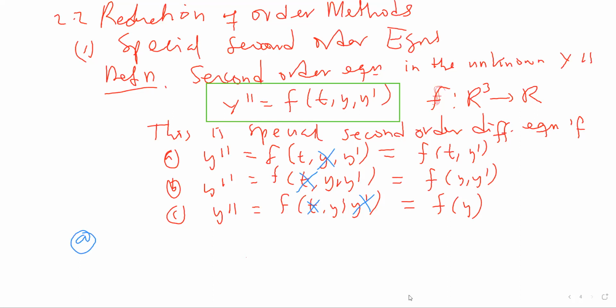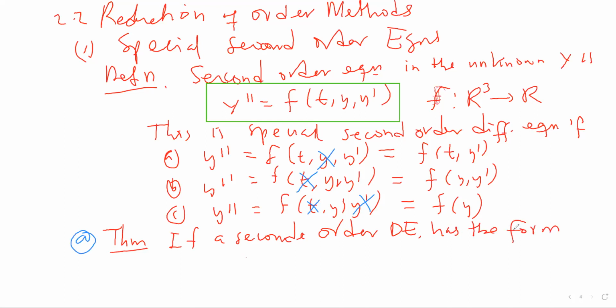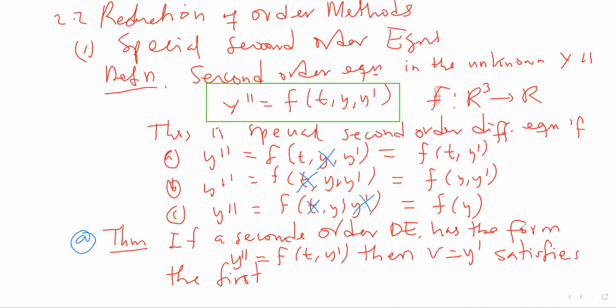So here, for A, we have a theorem that if a second order differential equation has the form y double prime is equal to f of t and y prime, then v equal to y prime satisfies the first order equation v prime is equal to f of t and v.